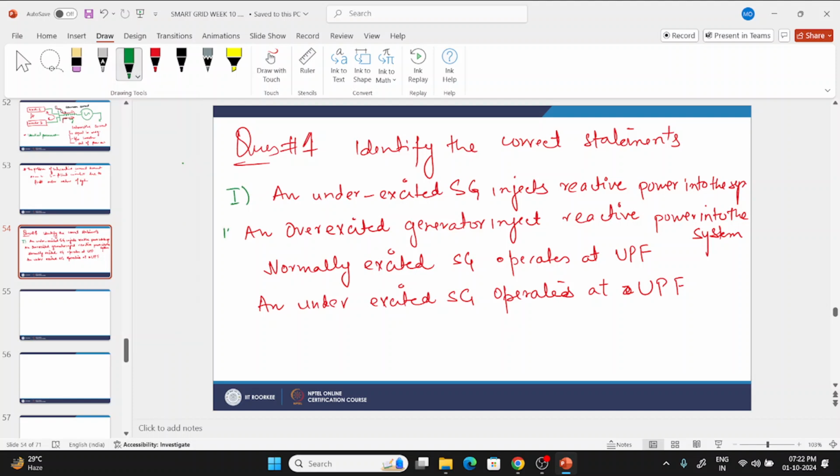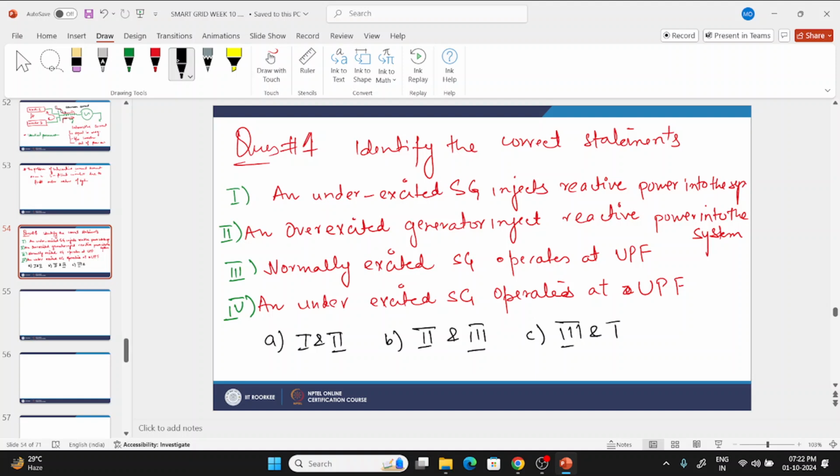This is first, this is second, this is third, this is fourth. So the correct options are A 1 and 2, B 2 and 3, C 3 and 1, and D none of the above.